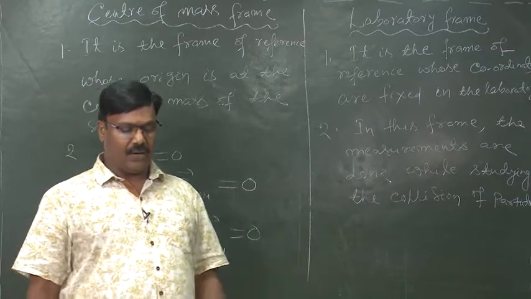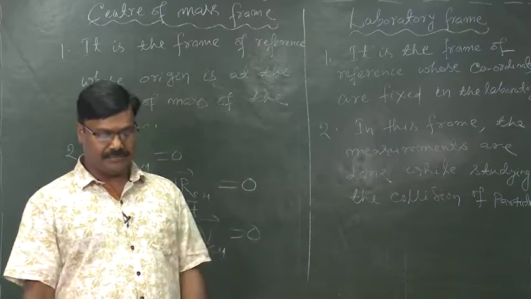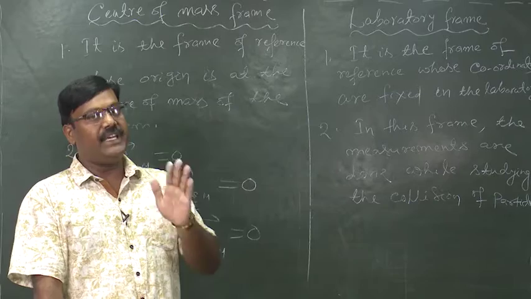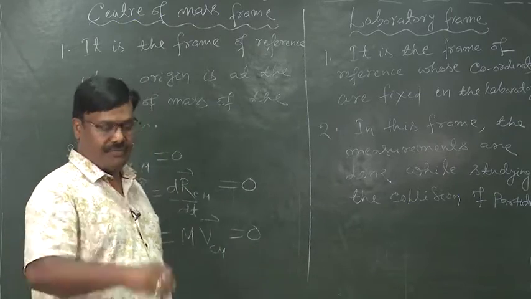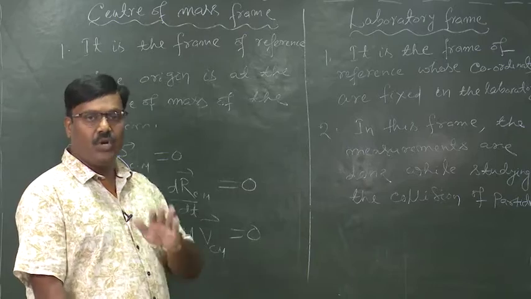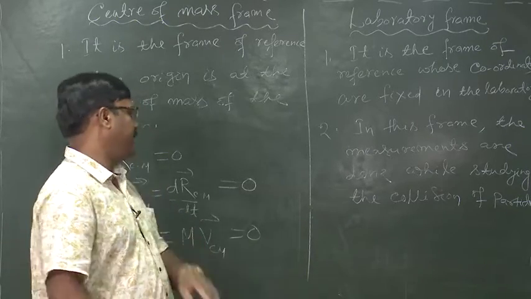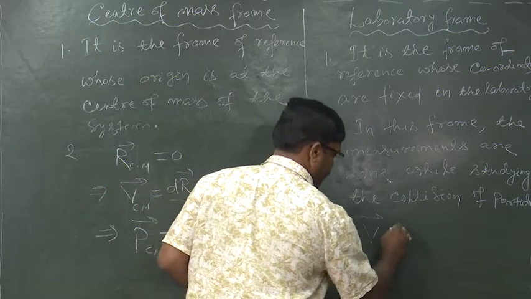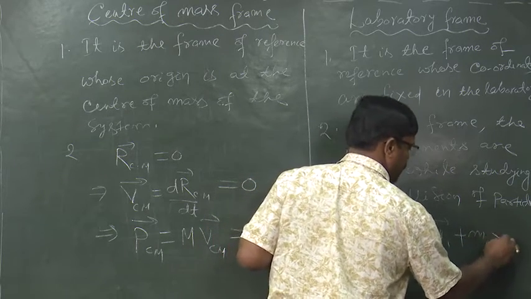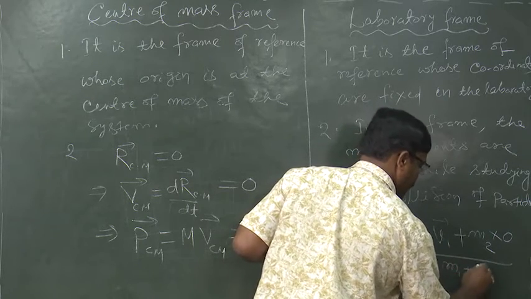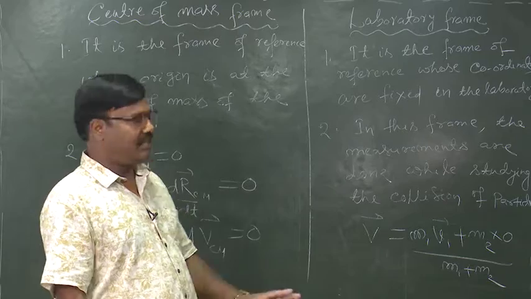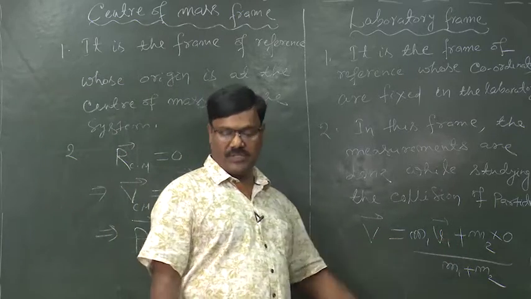So, if a particle of mass m1 is moving with a velocity v1 along the x axis and the particle of mass m2 is at rest with respect to the laboratory frame, then the velocity of the center of mass of the two particle system with respect to the laboratory frame can be written as v equal to m1 v1 plus m2 into 0 divided by m1 plus m2, because here we have considered the second particle to be at rest with respect to the laboratory frame, but the first particle is moving with velocity v1.